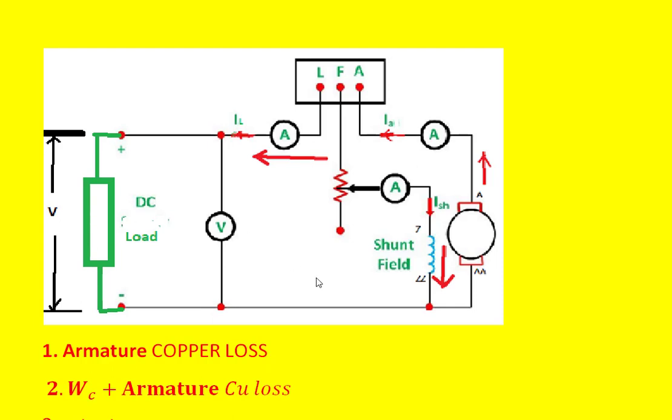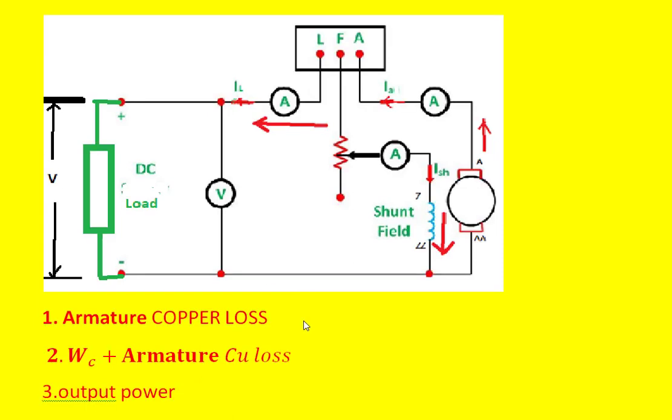Having known all the values of current and voltages in the circuit, we can calculate the armature copper loss as usual. Then we have to calculate the total loss, that is, add the constant loss, which is obtained from the Swinburne test, to the armature copper loss.